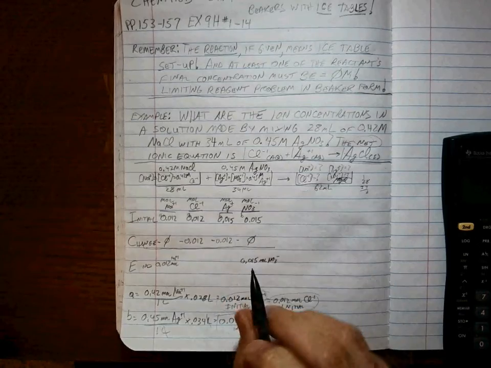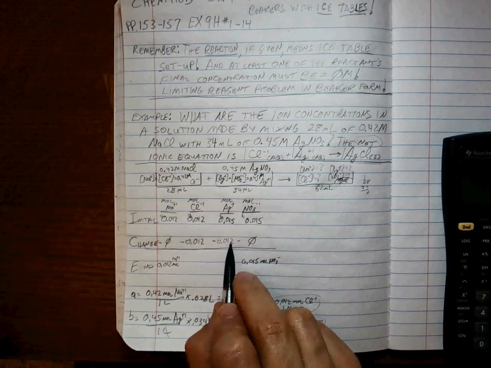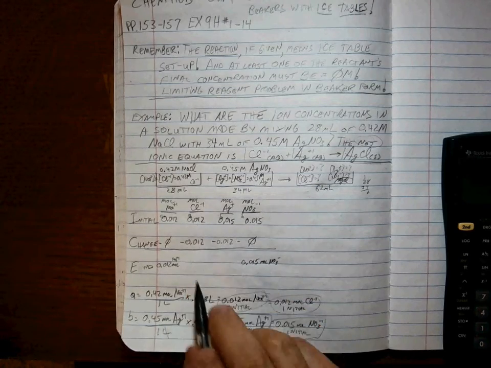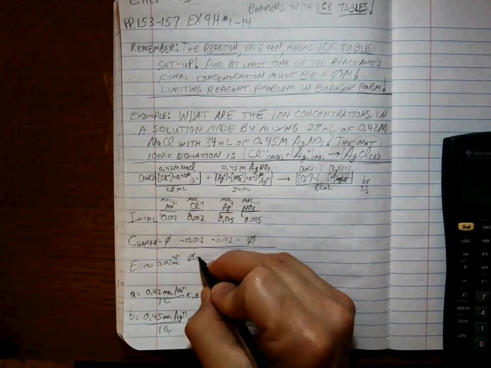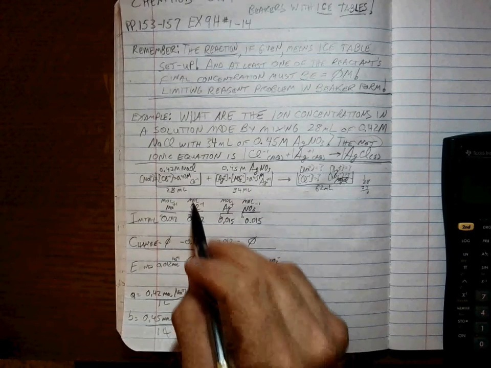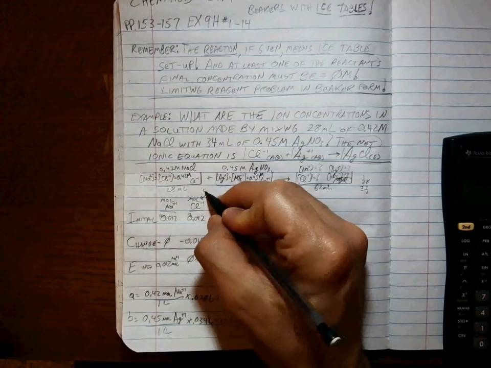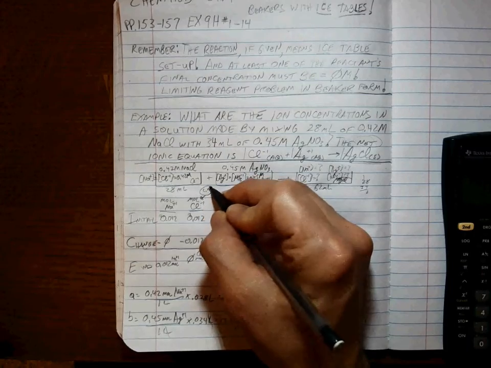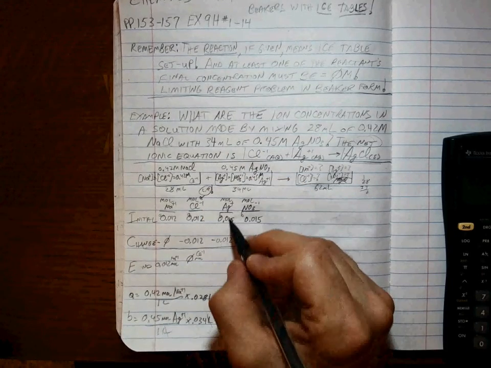For both. It's a 1-to-1 ratio, so that's how many moles of the silver ion get used up, and that's how many moles of the chloride ion gets used up. 0 moles of chloride ion left at the end. That is our limiting reagent right there. Because we know it's the smaller amount, it gets all used up.